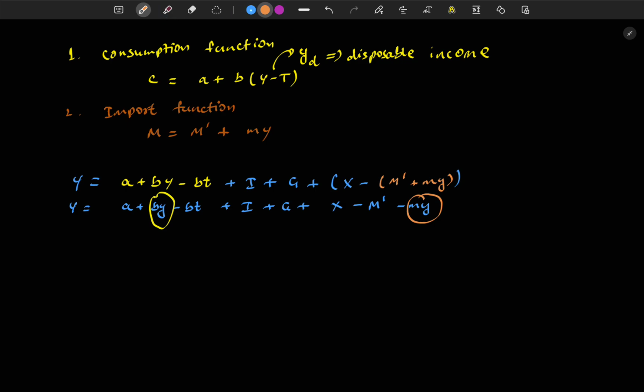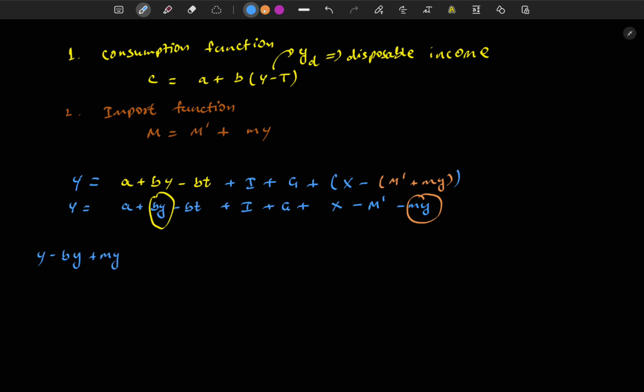Subtracting BY from both sides of the equation, we get Y minus BY, and adding mY to both sides, we get plus mY.